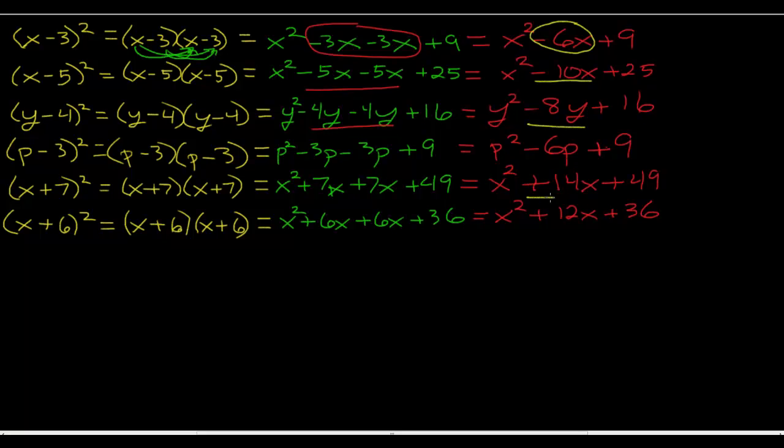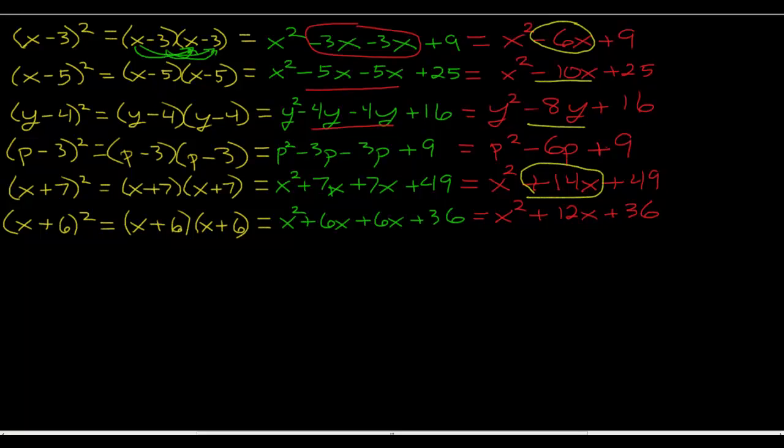Even down here, when they're pluses, what do you notice about them? Hopefully you're seeing that the constants, minus 6, minus 10, minus 8, negative 6, positive 14, positive 12, these constant terms in front of the variables are all exactly twice of what we started with.